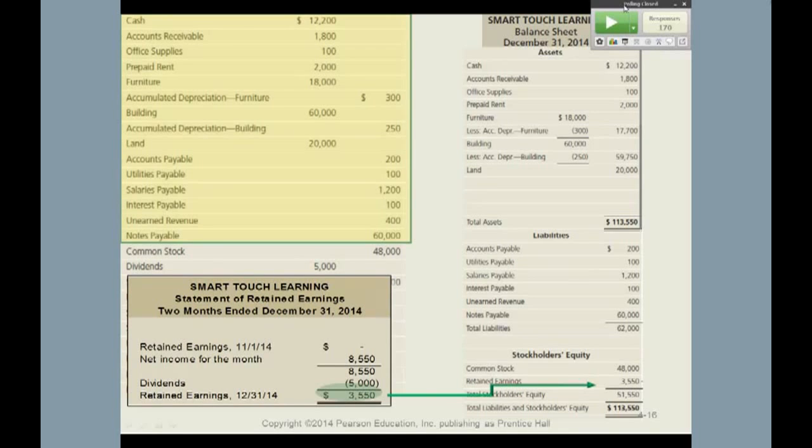So on this particular balance sheet, the 18,000, sorry about that, the 18,000 is the cost of the asset.